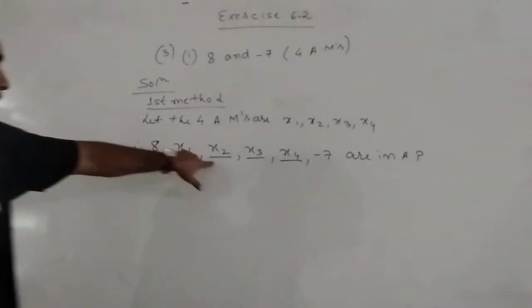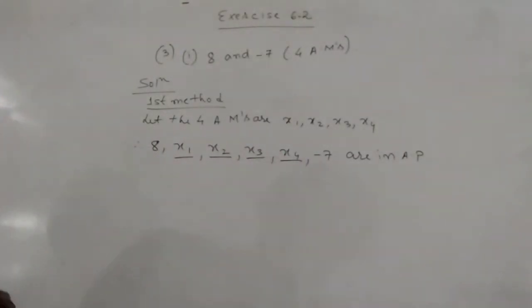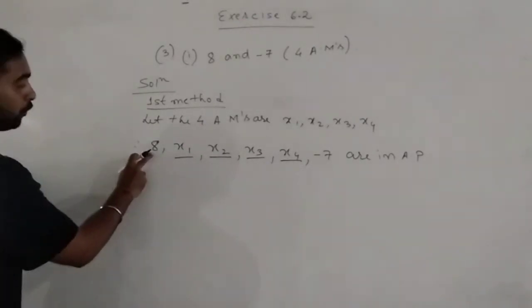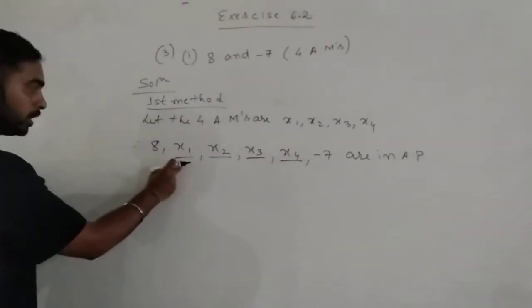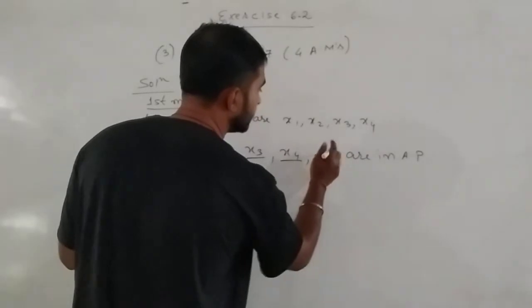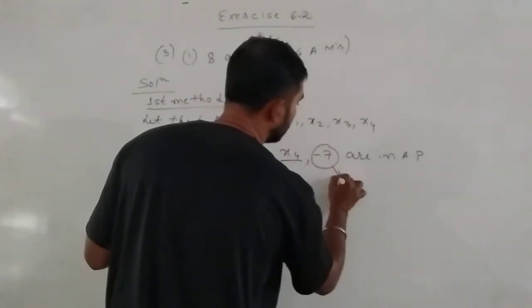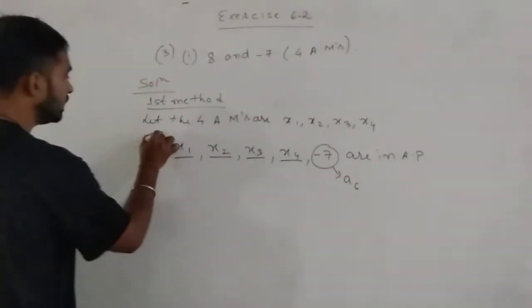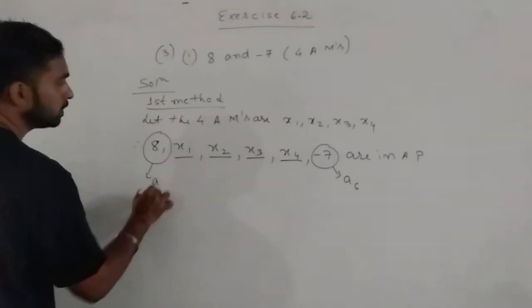Now we have to find out these 4 numbers. So this is the first term, second term, third term, fourth term, fifth term and sixth term.